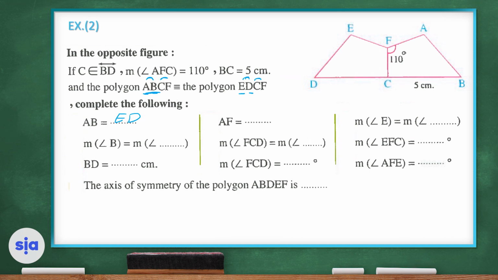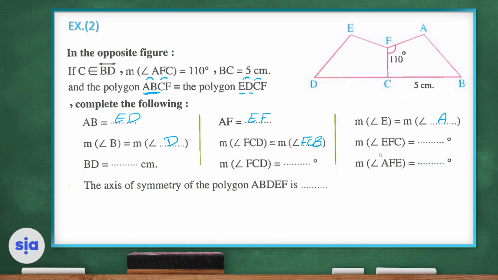AF, first and last, is congruent to EF. The measure of angle E is congruent to the measure of angle, excellent, A. The measure of angle B is congruent to angle D. The measure of angle FCD is congruent to the measure of angle FCB.